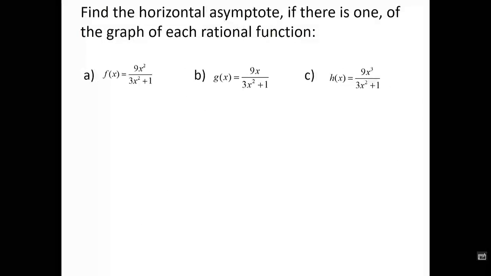Now let's look at an example of actually how we locate horizontal asymptotes.